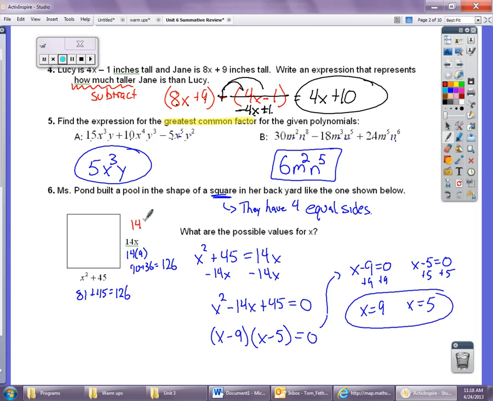We can do 14 times 5, which is 70. And then 5 squared plus 45, 25 plus 45, which is 70. So 70 is equal to 70, and 126 is equal to 126. So the two sides are the same. So the values for x are 9 and 5.